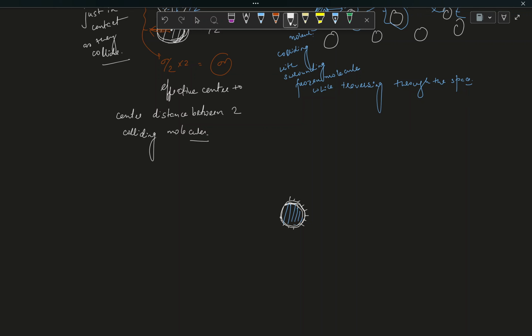These are just points I am marking, nothing else. So on every part it can touch and collide. For example, if this is sigma by 2, its radius, then it can collide here, just like I have drawn earlier.